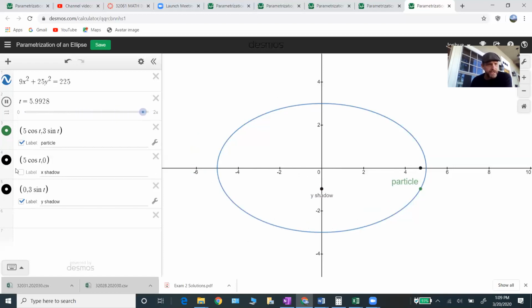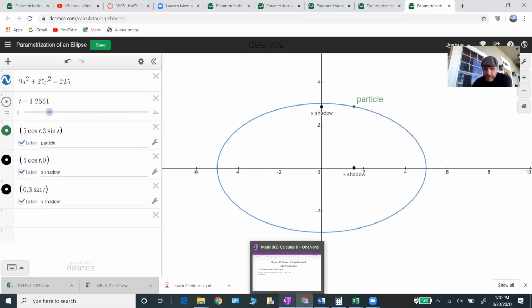And so the idea here is that while the curve itself may not be given as a function, the individual coordinates, x and y, can be. A natural way to think of them as functions of time, right? We don't have to use time as our parameter, but it's a natural choice, especially when we're talking about motion. And so that's really the big piece here.